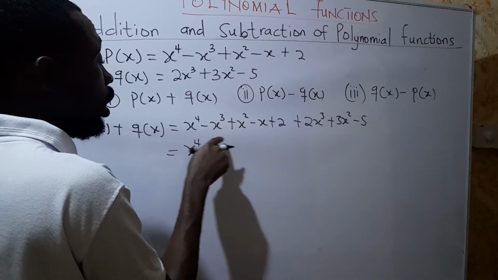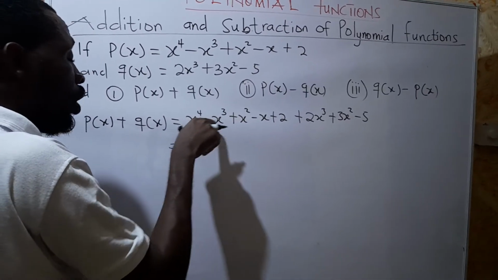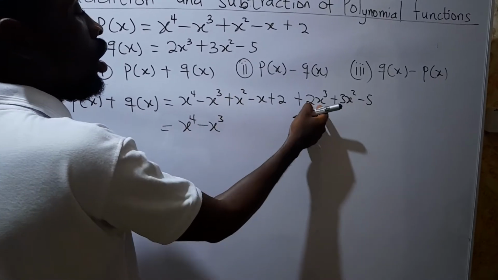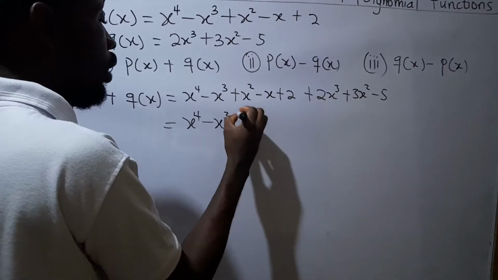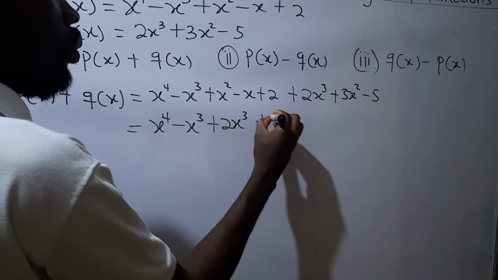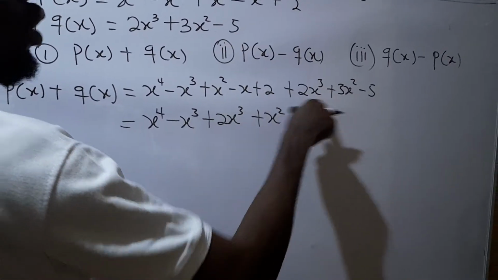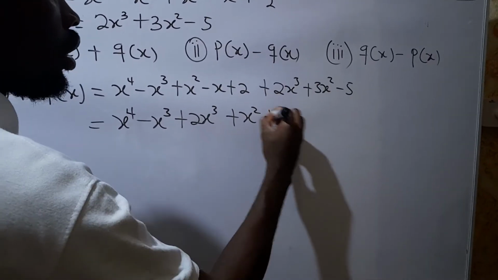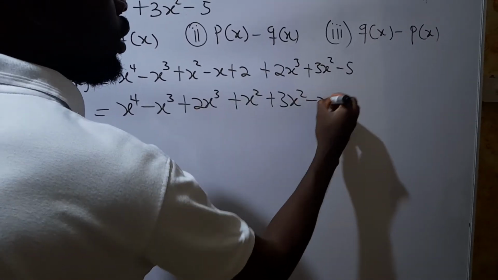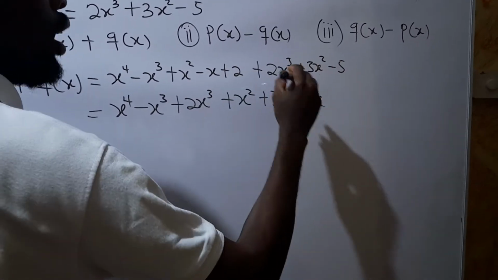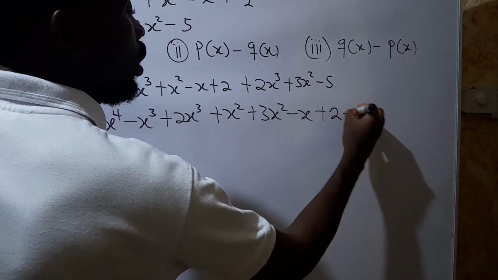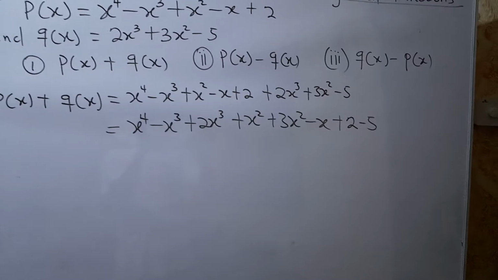Do we have any x exponent 4 term again? No. We have x exponent 3. Now we have another x exponent 3 term, so plus 2x exponent 3 and plus x squared. Then we have another x squared term, that's plus 3x squared. Then we have the x term. We don't have any x term anywhere. Then constant term 2, then minus another constant 5.